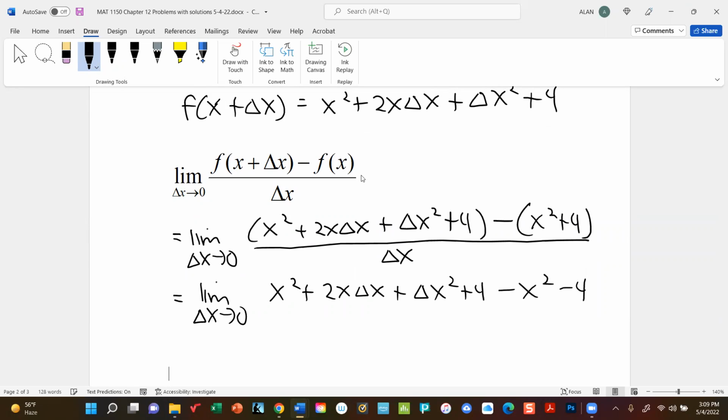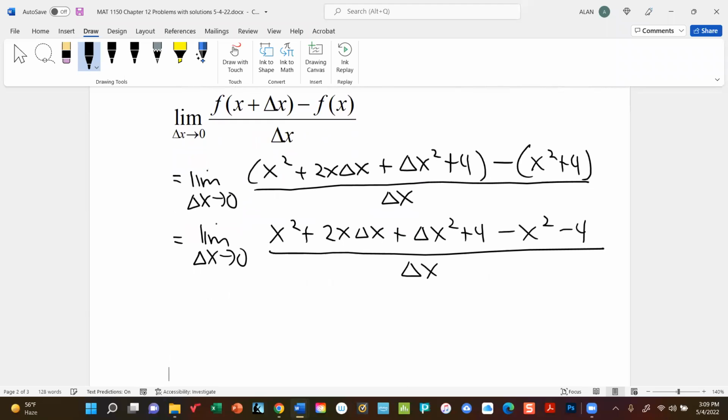Remember to apply the negative to both of these terms, divided by delta x. Now there should be some opportunities to cancel here. These two cancel each other, as do these. And so we're just left with 2x delta x plus delta x squared all over delta x.